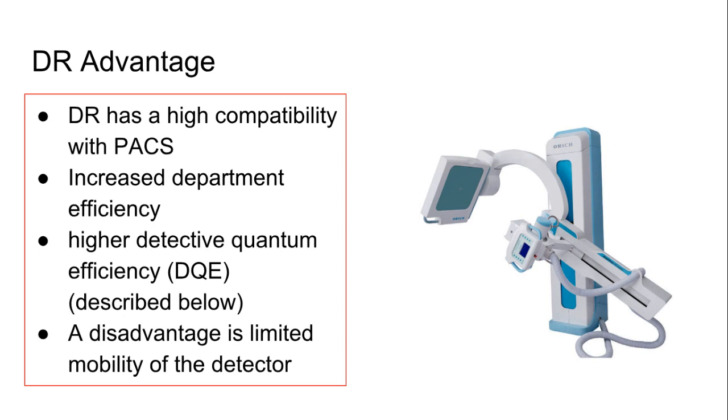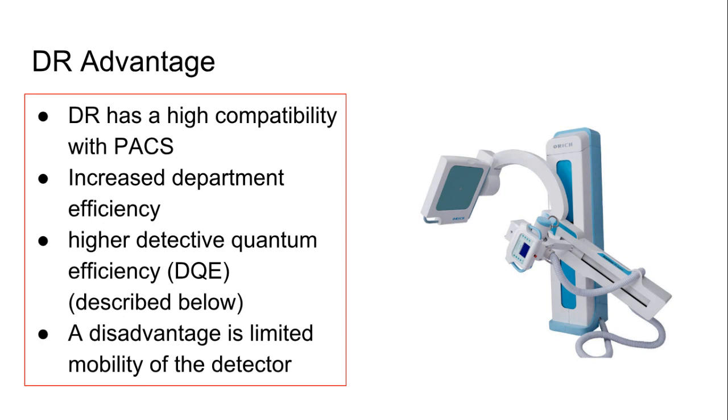One, it has a high compatibility with the picture archiving and communication systems that we know of as PACS, but I don't really see that as the greatest advantage, so perhaps it should be listed right at the top because there shouldn't be an issue with getting information from CR into PACS.